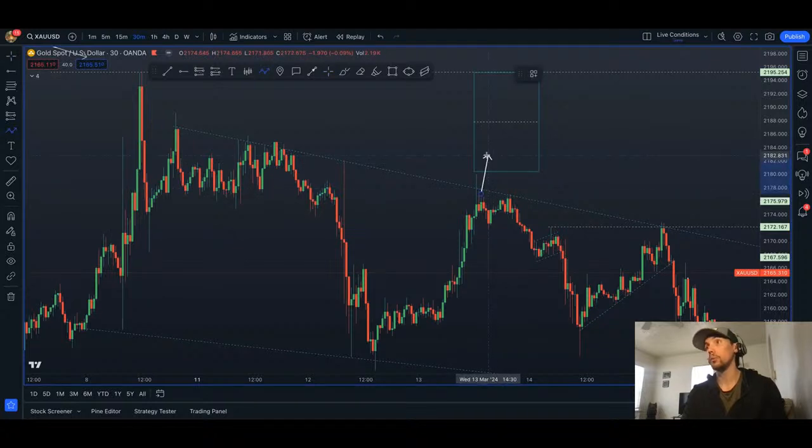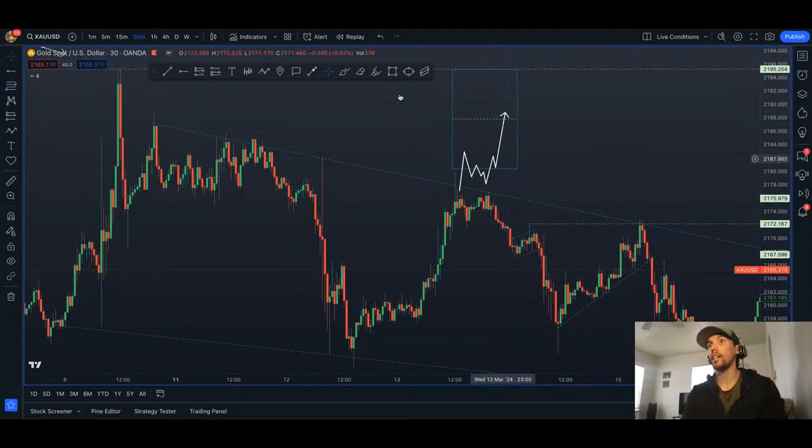I'd wait for a push above, break down below, get some type of downwards movement, come back up. And we could be looking for topside, okay? Giving you a flag, you know, some type of bull flag in that situation.